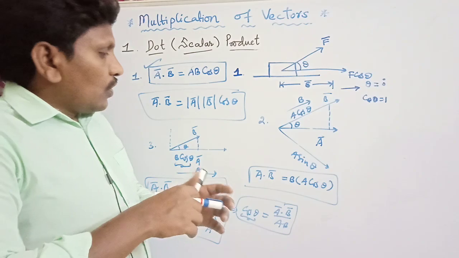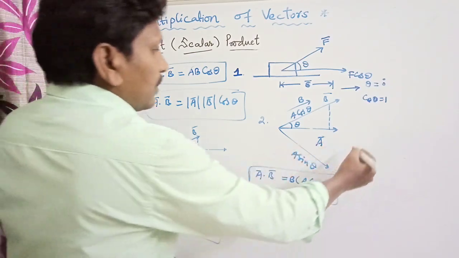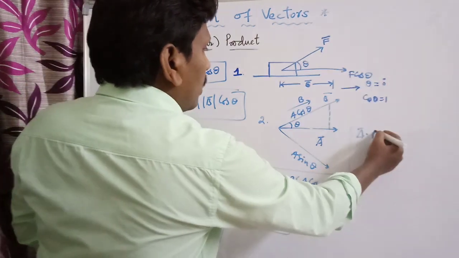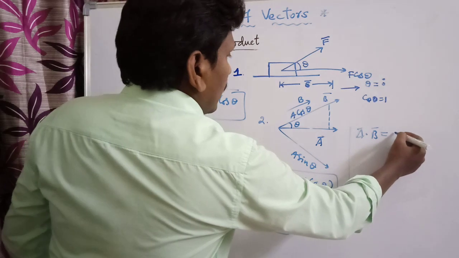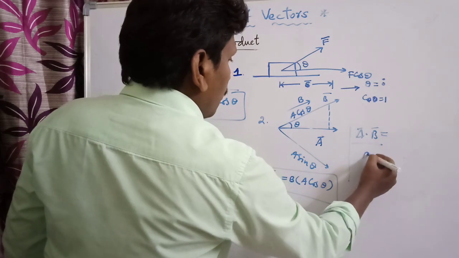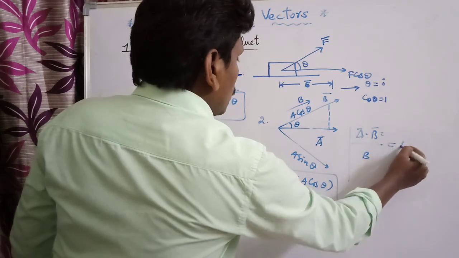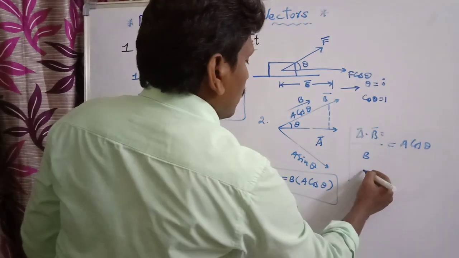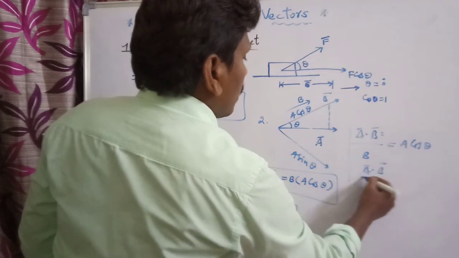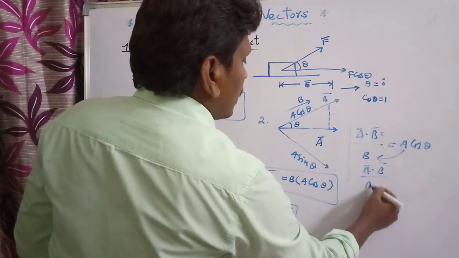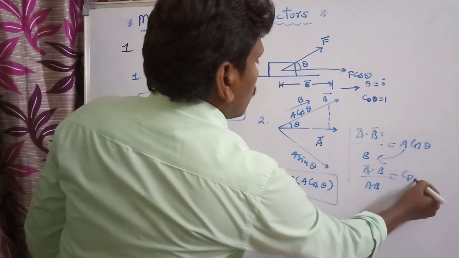So from this we can write A bar dot B bar is equal to A cos theta into B, or A bar dot B bar by AB is equal to cos theta.